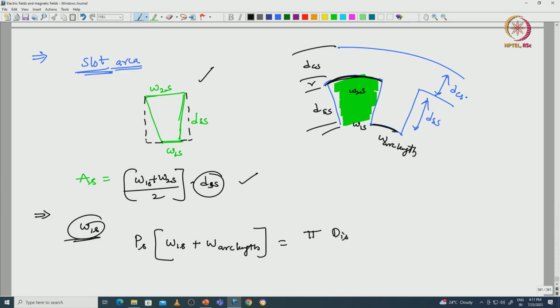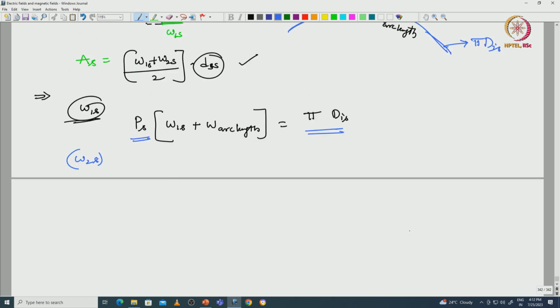So, this is one circle, we can see the inner circle in here. With respect to this circle the perimeter will be pi into DIS. So, this pi DIS is equal to number of poles into W1S plus arc length, which will give the same perimeter.